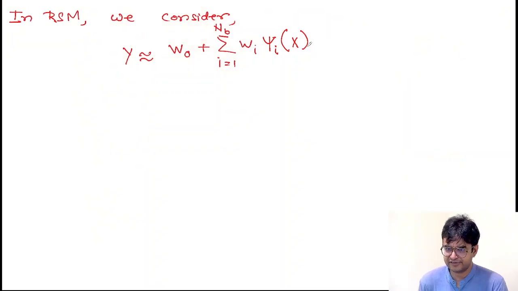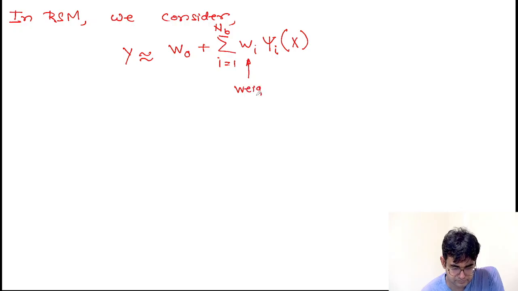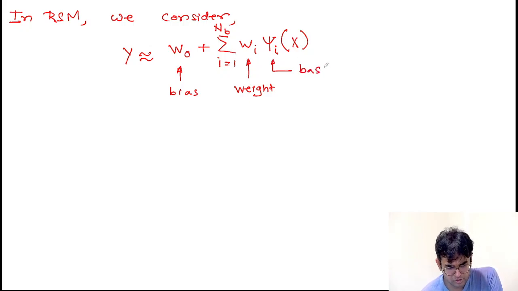This is a linear regression model, right? Everything is linear in the w's, so that's why it's a linear regression model. Where w is my weight. What is w0? Bias. What is psi? Basis function. Polynomial basis in this case, but in general it is a basis function.